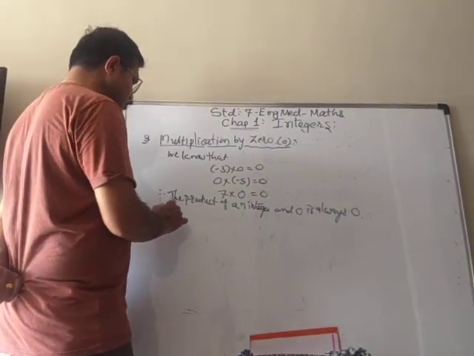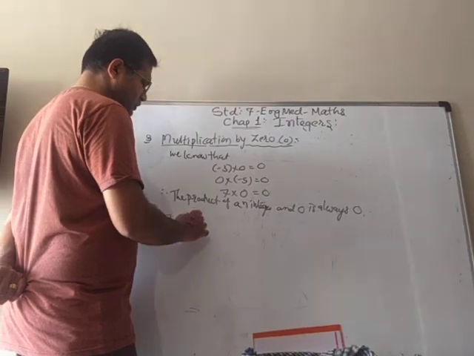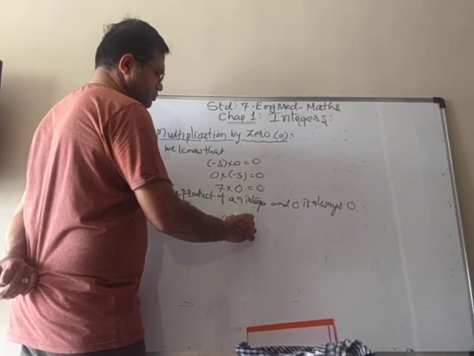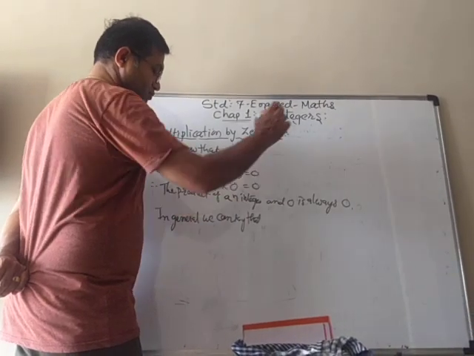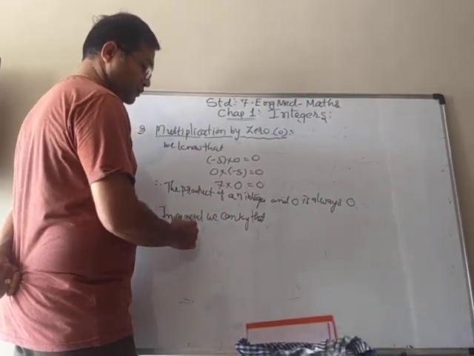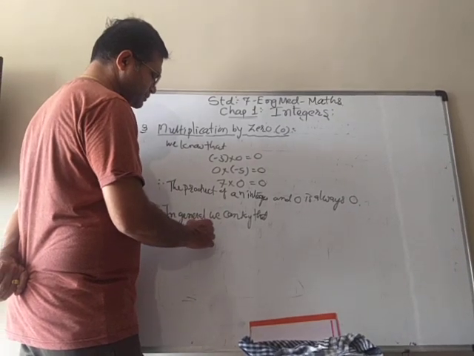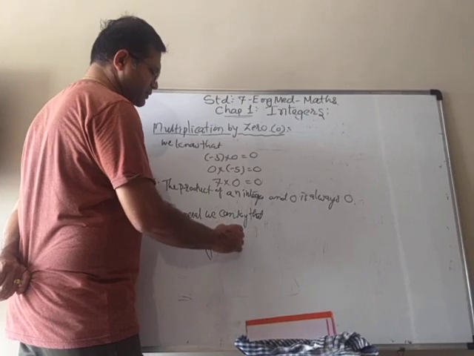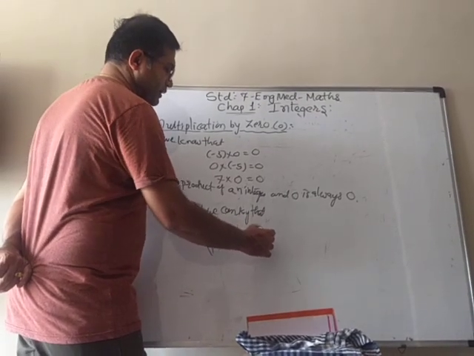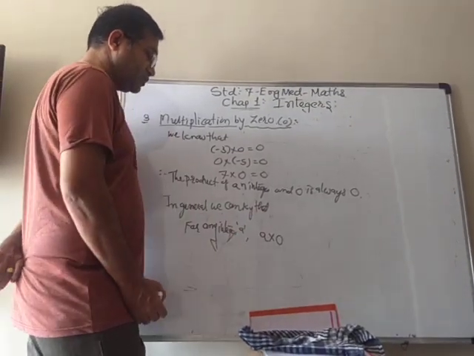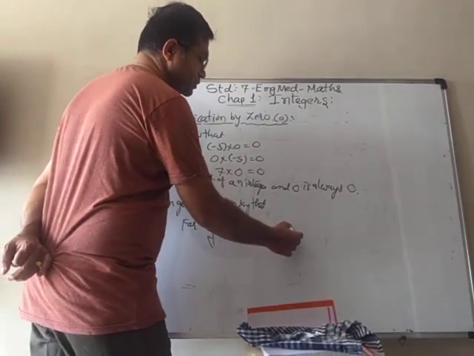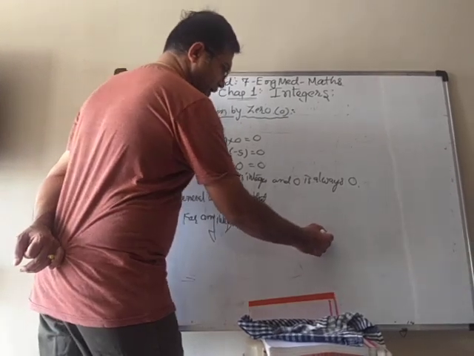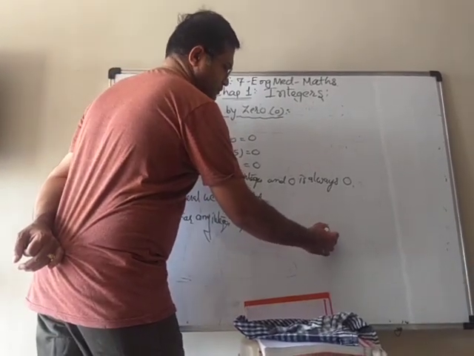So in general we can say that for any integer a, a multiplied by 0 or 0 multiplied by a, the answer will always be 0.